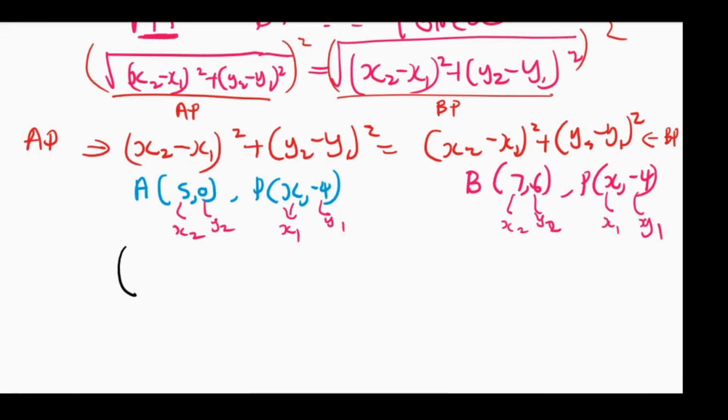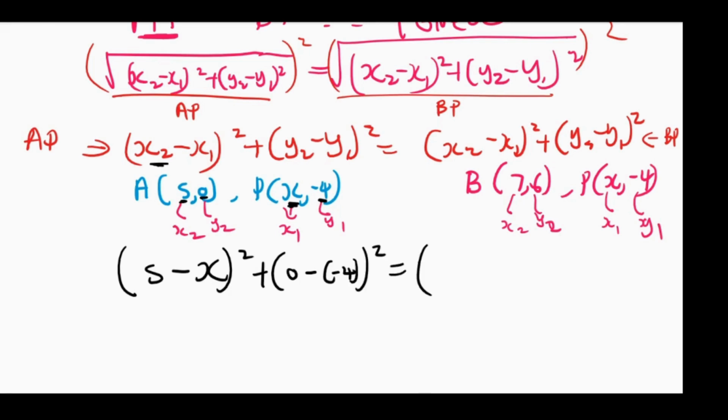So instead of writing x2 here, we're going to write this 5. It's going to be 5 minus this x1 here, which is x, squared, plus our y2, which is 0, minus our y1, which is minus 4, squared, equals, and then on this side x2 is this 7 here.